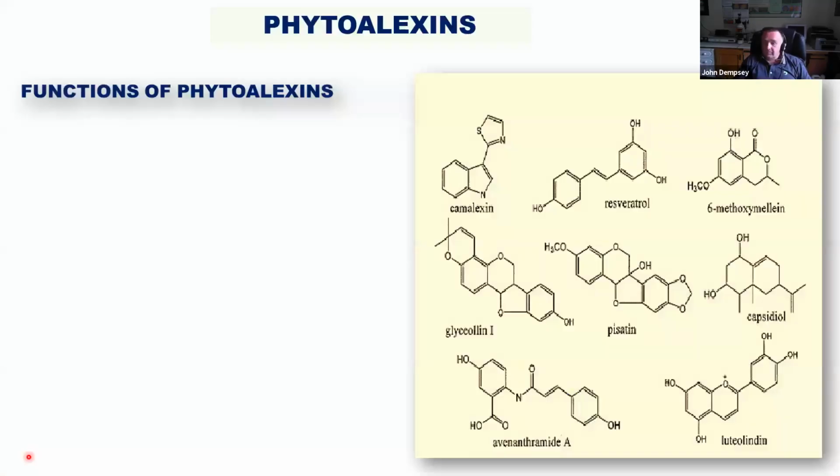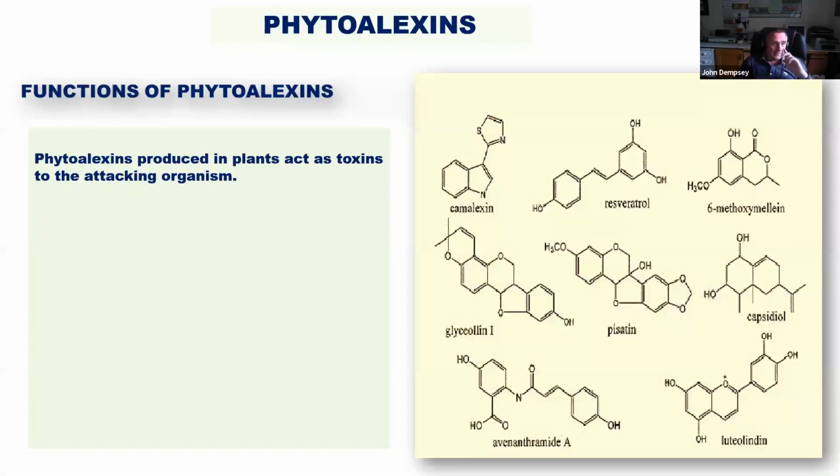Another antimicrobial compound is what's called phytoalexins. Again, these are compounds which are produced following infection and elicitation, and they can be very toxic to attacking organisms. For example, they can puncture the cell walls of the fungus.